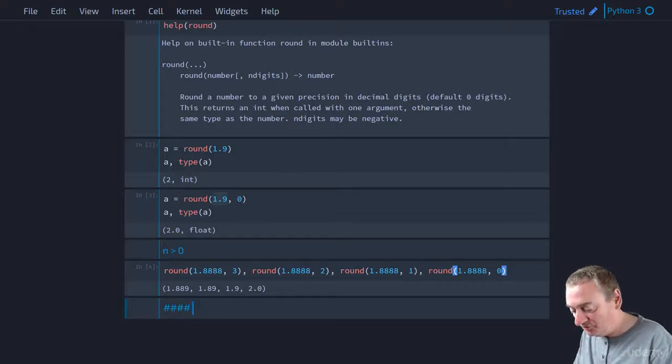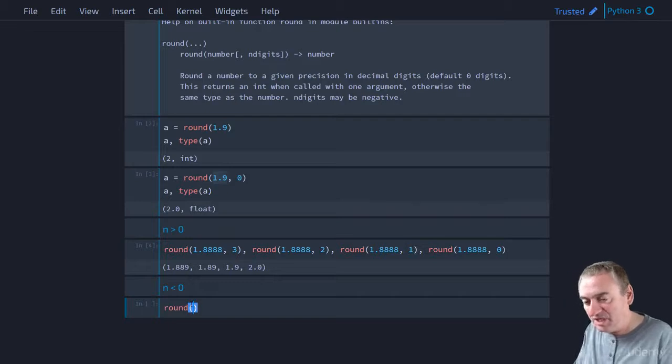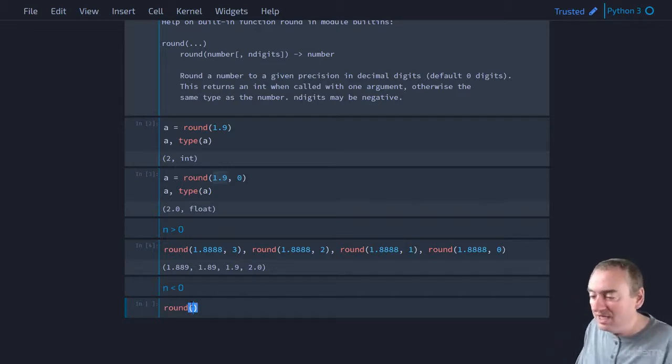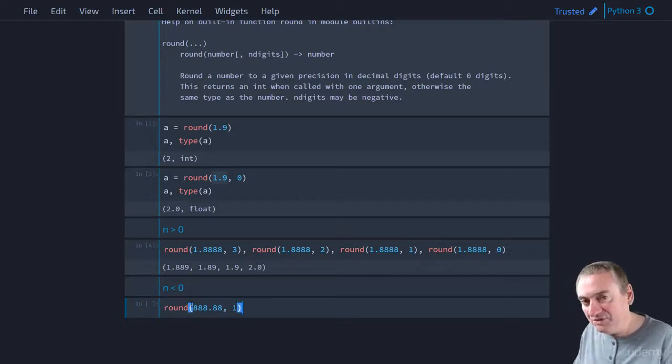And so we'll keep for n less than 0, okay? And let's try this. Now I'm going to use a slightly different number because now we're going to be rounding to the left of the decimal point. So I want to use a bigger number than 1 point something. So let's use 888.88. And we'll round that to 1 after the decimal point.